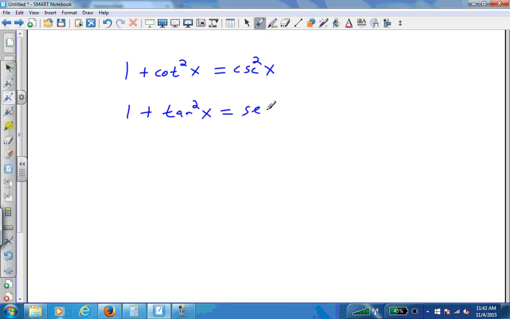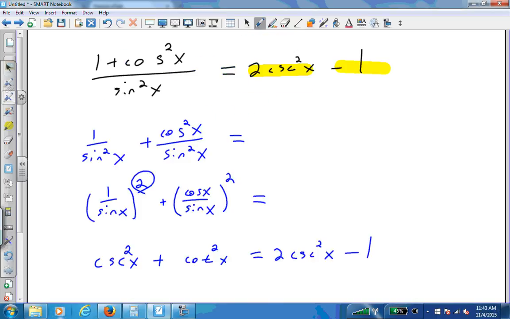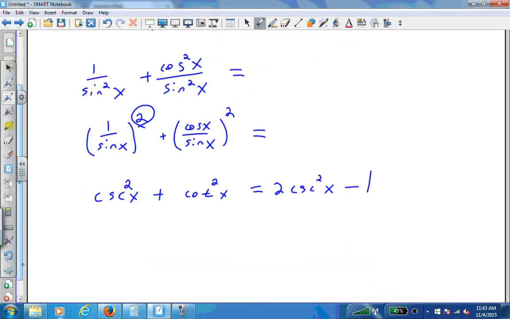is secant squared. Now, if we're not doing a proof, if we have something that we already know is an identity, it is okay to move things from one side to the other. But if we have something that is not an identity, that's when we don't want to move things around. So, our problem has some cosecant squareds and some cotangent squareds.